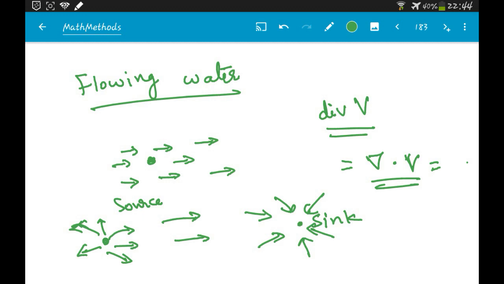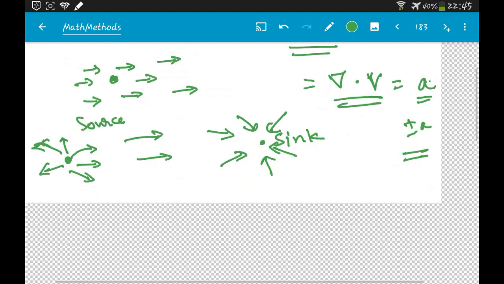Let's say it gave you some magnitude A. It could be plus or minus A, depending on whether the water is flowing inside the sink or out of the source. That represents the magnitude of the flowing velocity. In the case of water, it will be the velocity field; in the case of electric charge, it will be the electric field and so on. So this is your divergence.